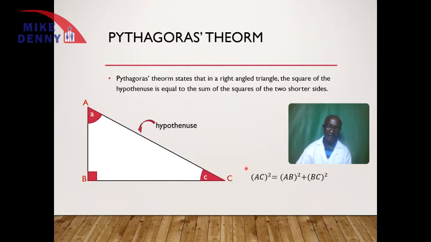We can state Pythagoras' theorem by saying AC squared, that's the hypotenuse squared, equals AB squared plus BC squared. The square of the hypotenuse is equal to the sum of the squares of the other two shorter sides. So AC squared equals AB squared plus BC squared. That's Pythagoras' theorem.